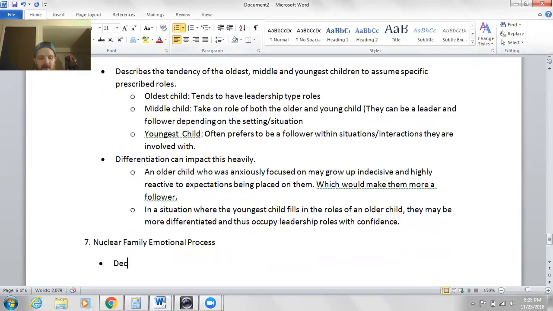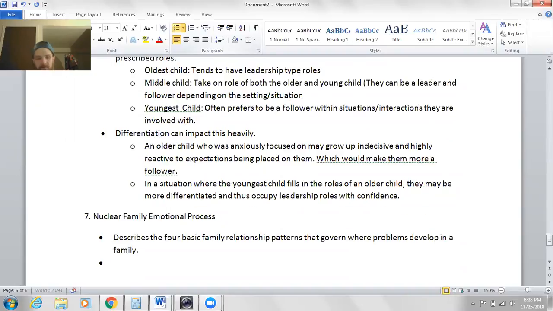So this describes the four basic family relationship patterns that govern where problems develop in a family.